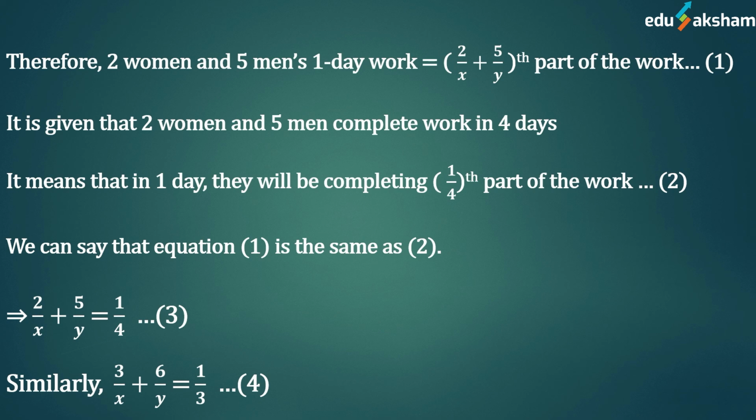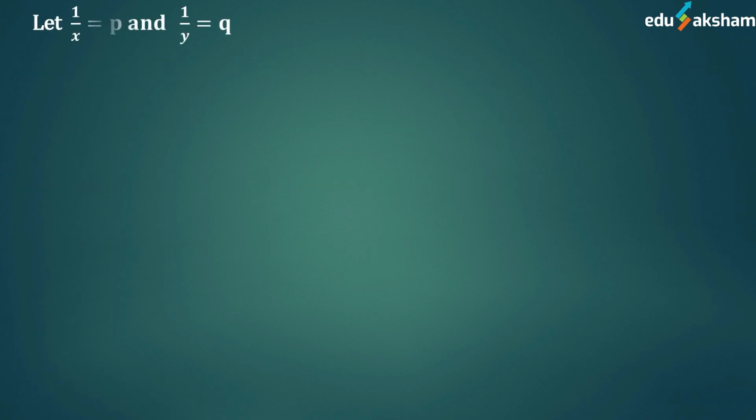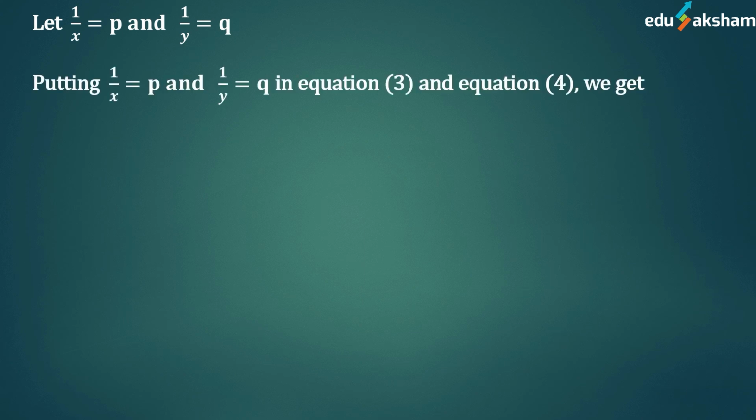So first we will convert them into linear equations. We will assume that 1 by x is equal to p and 1 by y is equal to q. 1 by x को अगर हमने p लिख लिया and 1 by y को अगर हमने q ले लिया तो equation 3 and 4 से हमें ये मिलेगा 2p plus 5q equal to 1 by 4 and 3p plus 6q equal to 1 by 3.